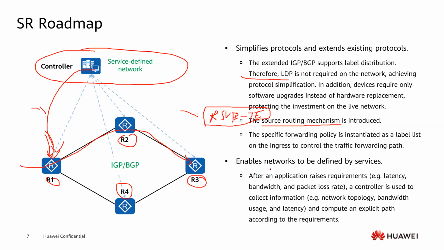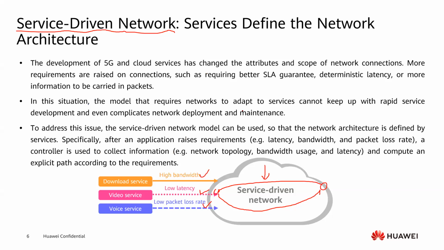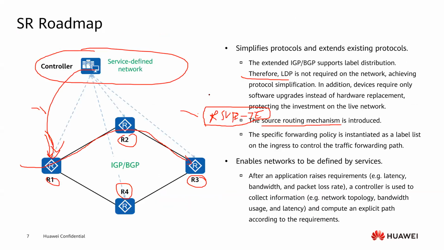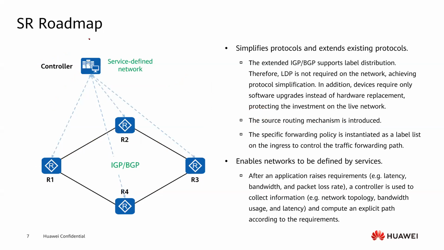And about the second problem, the service-driven network. Since we're using the controller, in the controller we can define, for this path, what is the time delay and what bandwidth it needs.